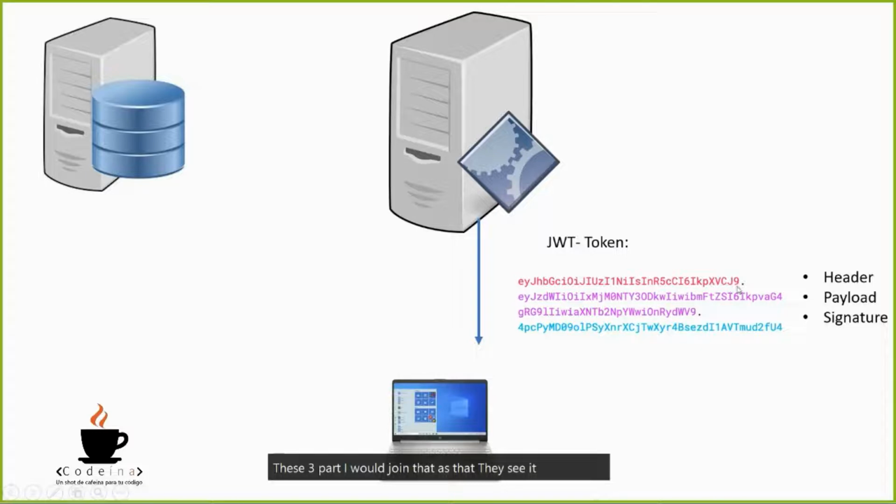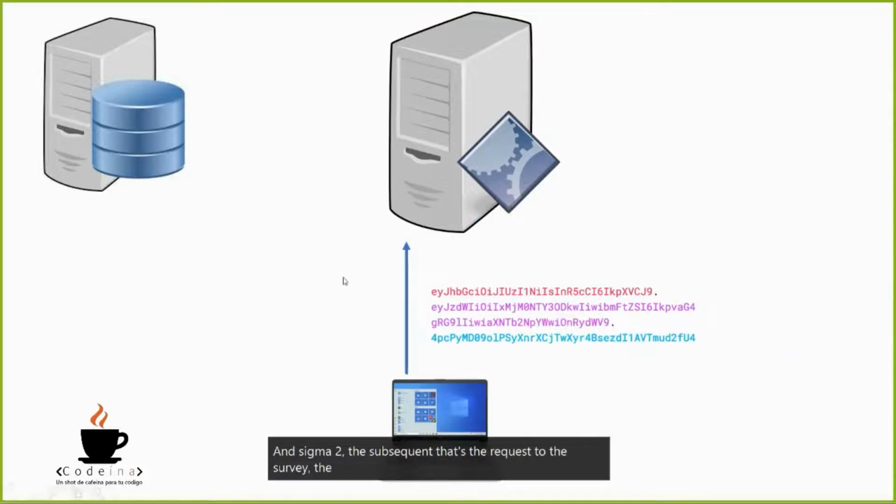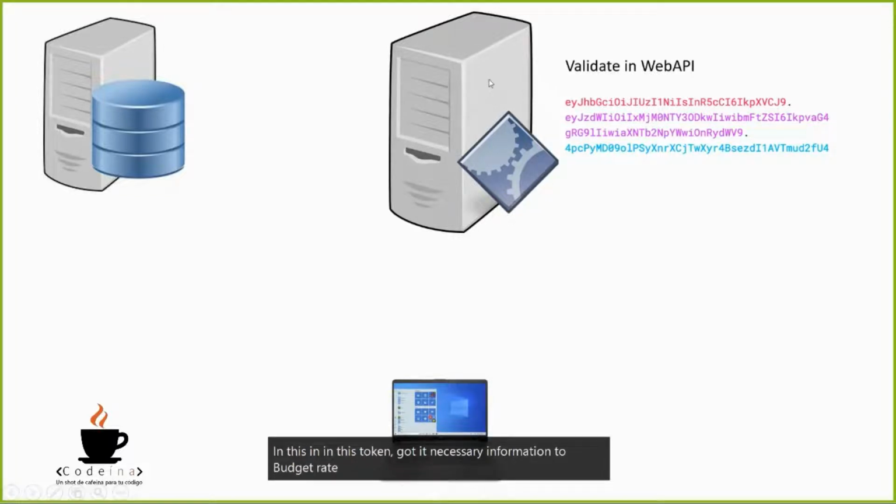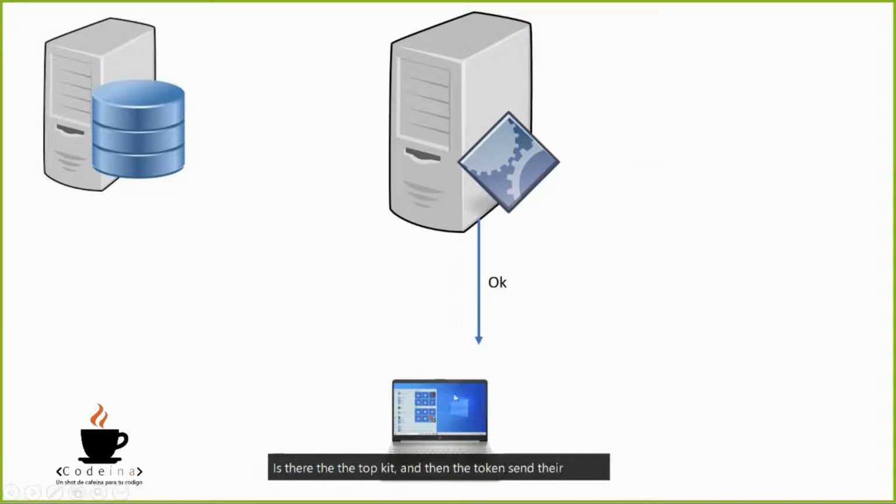This is the header, this is the payload, and this is the signature. For subsequent requests, the user only sends the token to the server, and the server does not need to consult the database, because this token has the necessary information to validate it in the server without the necessity of consulting the database. It is the server that validates the token, and then the server sends the okay to the client.